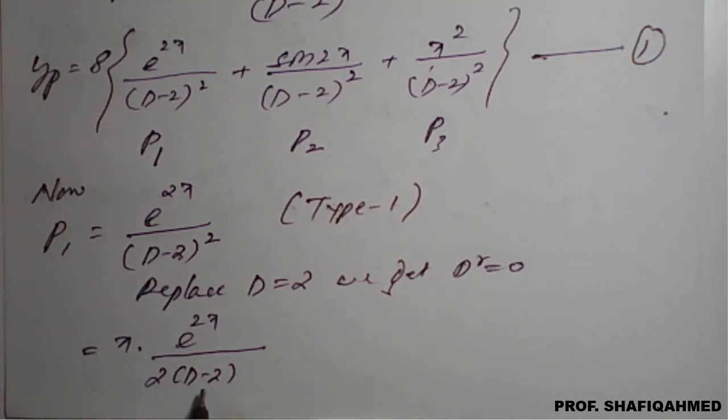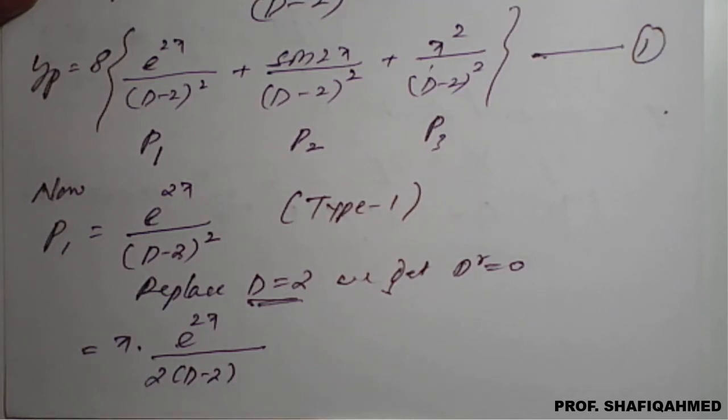So it becomes 2 into (D minus 2). Once we get this, again we replace D equal to 2, same condition, and we get 2 minus 2, which is again 0.